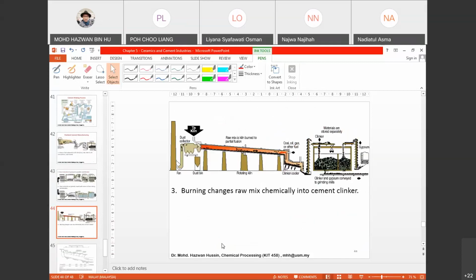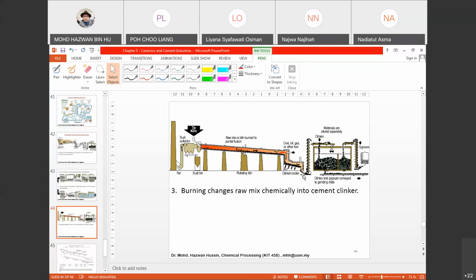Later, the mixture will go into the kiln for activation. Most of the minerals will be converted into oxides. So you have a rotating kiln, which has a different temperature range from one end to the other. The function is basically to purify the materials as well as to activate the cement materials.